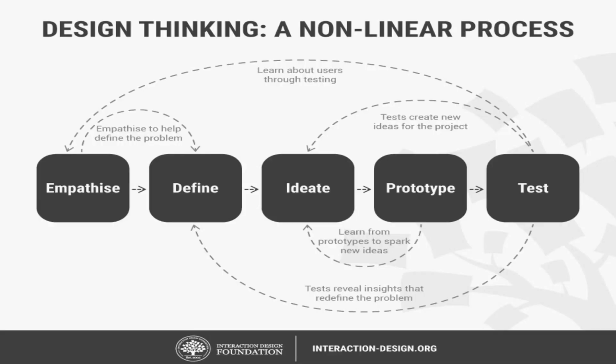Here's a picture from the Interaction Design Foundation that shows how it isn't linear. You might notice that there's a loop created where the information from later stages can help the earlier stages. This helps the company create the best possible product to best solve the problem.